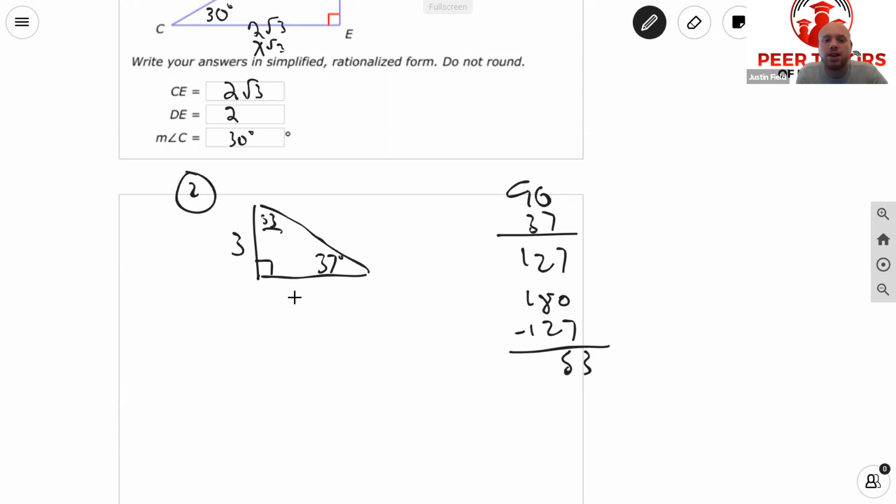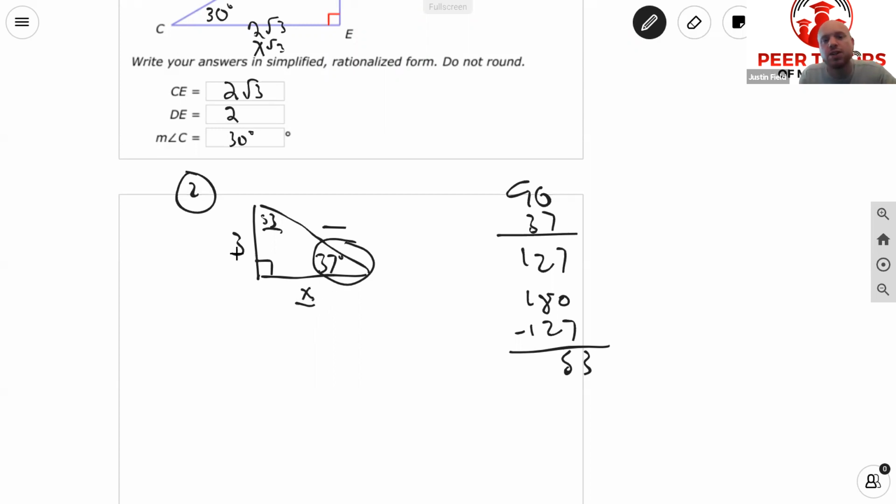Now we're going to get the 2 missing sides using trigonometry. So you can choose either angle. Let's just choose the 37. And then what do you want to find? Let's find this side first.